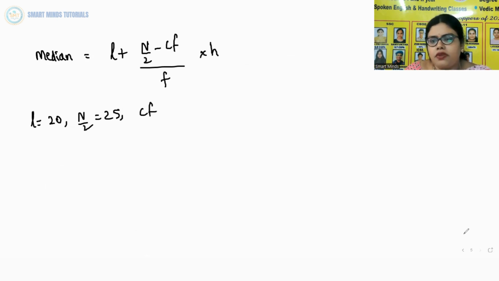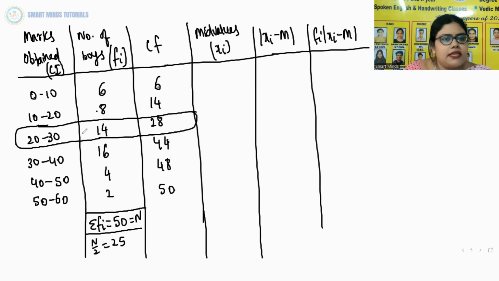Which will you take as CF? The frequency of the median class is taken as F, and the CF of the preceding class will be taken as CF. Understood? CF is not the cumulative frequency of the median class. CF is the cumulative frequency of the preceding class.